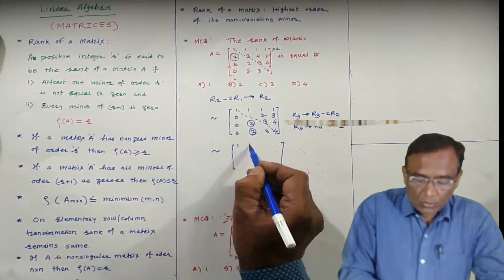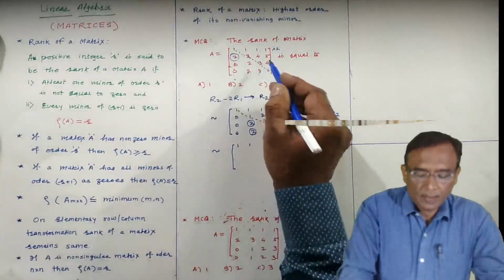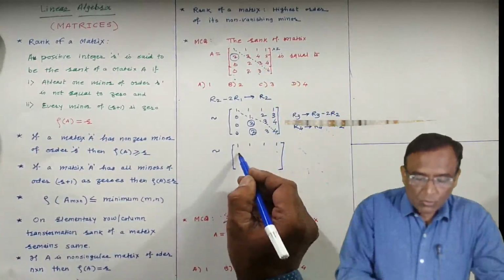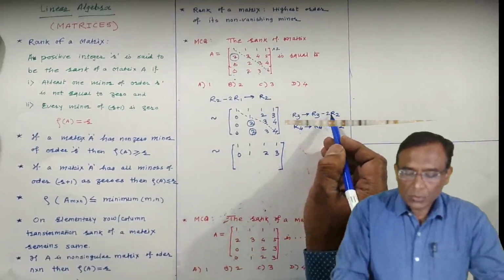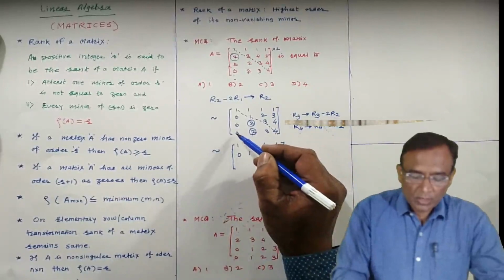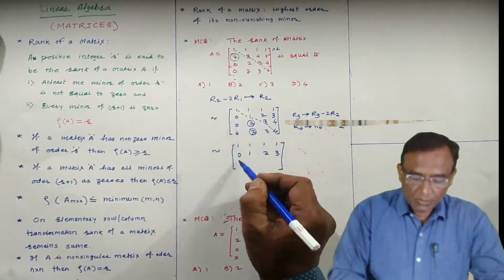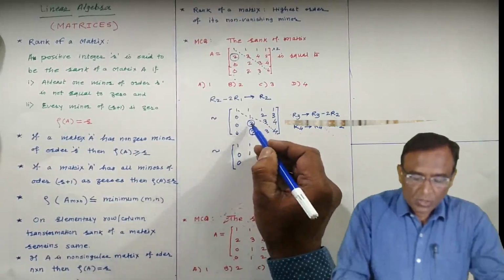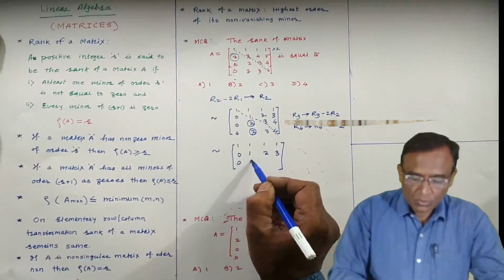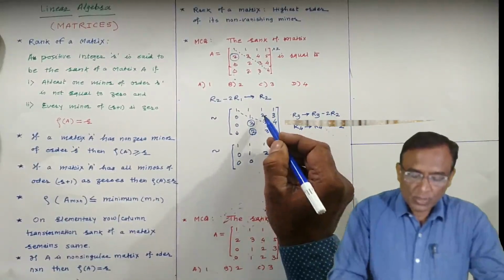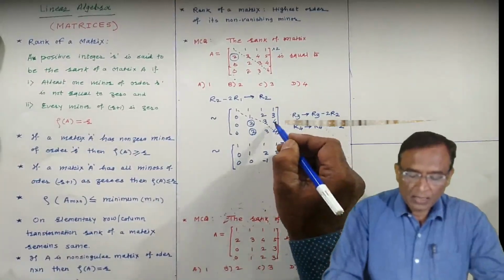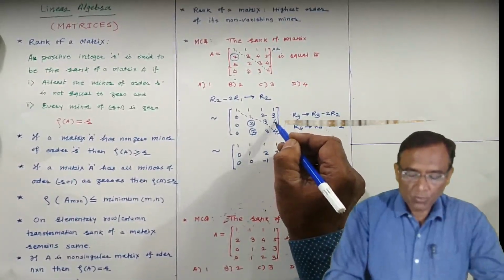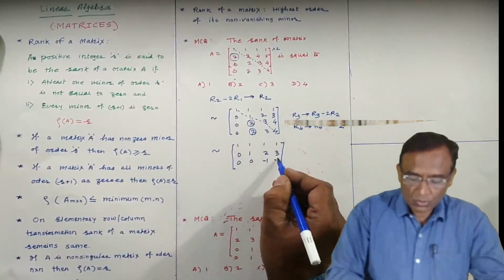The first row as it is, which we have used here. The second row we are using must be as it is. Now R3 minus 2R2. This minus 2 times this will be 0, this minus 2 times this will be 0, this minus 2 times this is 3 minus 4 which is minus 1, and this minus 2 times this means 4 minus 6 which is minus 2.